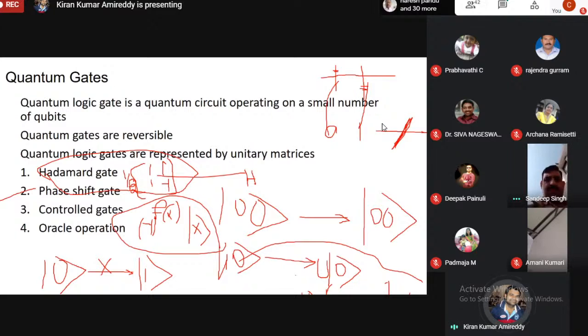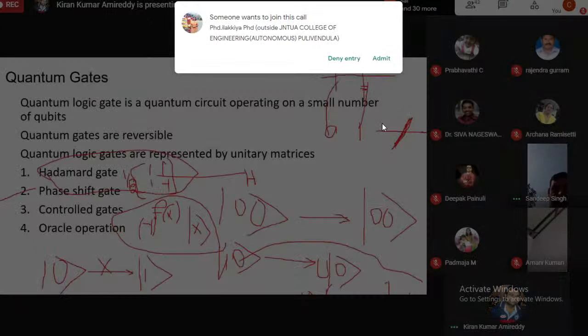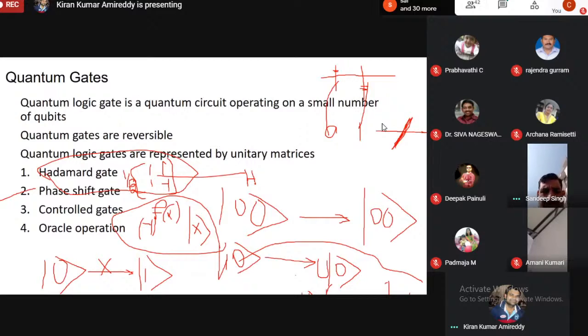You can have the intermediate state. So these are the main operations involved in quantum computing.